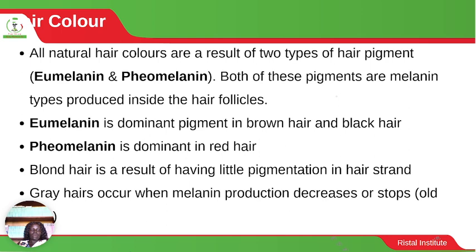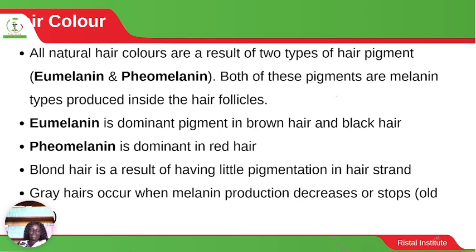Hair color. All natural hair colors are a result of two types of hair pigment. We have eumelanin and pheomelanin. Both of these pigments are melanin types produced inside the hair follicles. Eumelanin is the dominant pigment in brown hair and black hair.